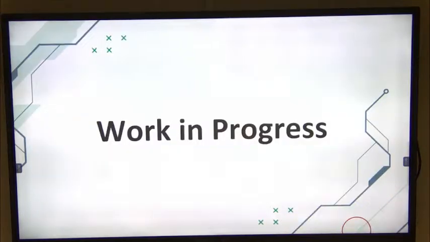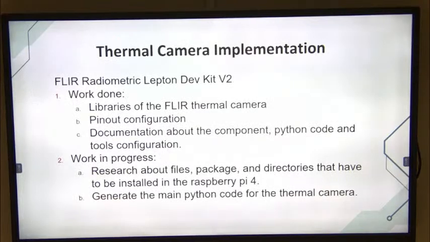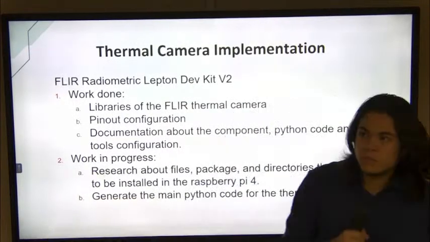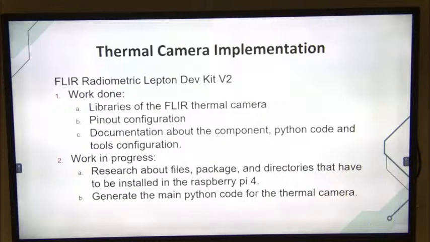And now, work in progress. The thermal camera implementation, where we use the FLIR radiometric Lepton camera. The work that we did with the camera is the pinout configuration, documentation about the component, Python code, and tools configuration, and the library for the camera, which is PyLepton.